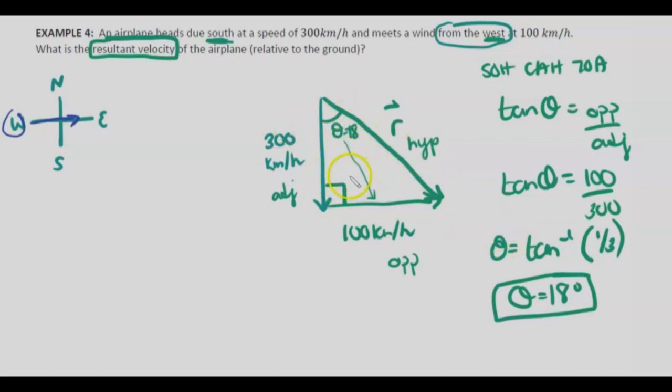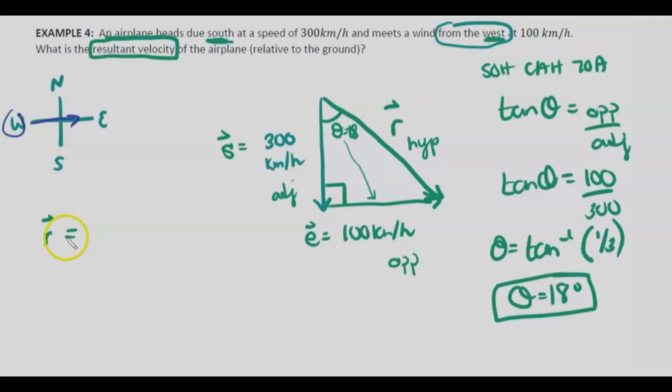We can do this one of two ways. We can either use 18 degrees and either 100 or 300 with SOHCAHTOA to find r, or we can simply use Pythagorean theorem. Let's call this vector s because it's going south, and this vector e because it's going east.